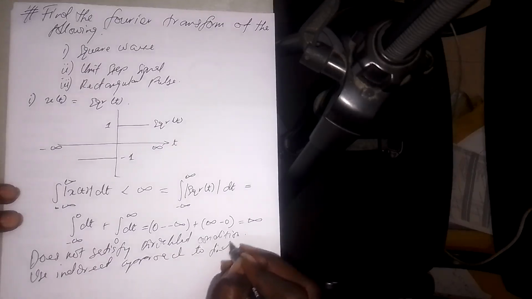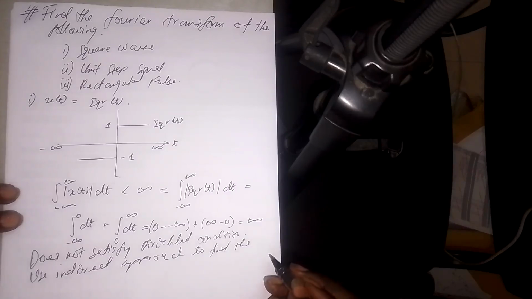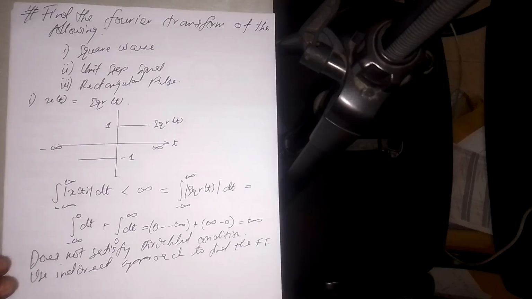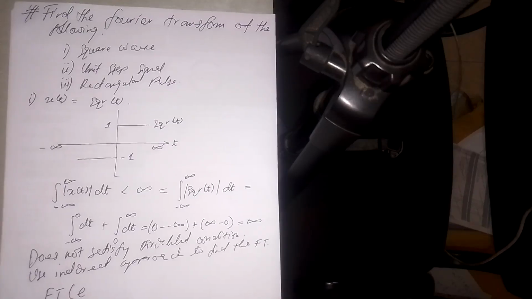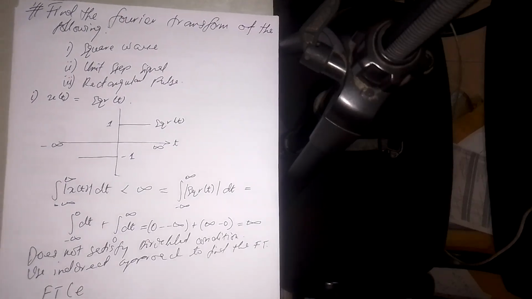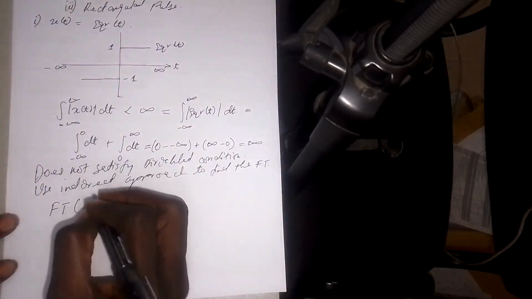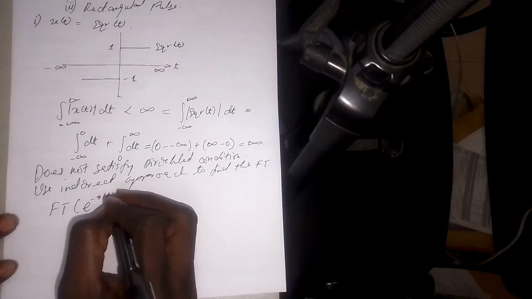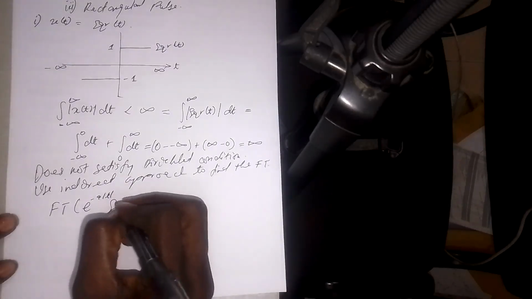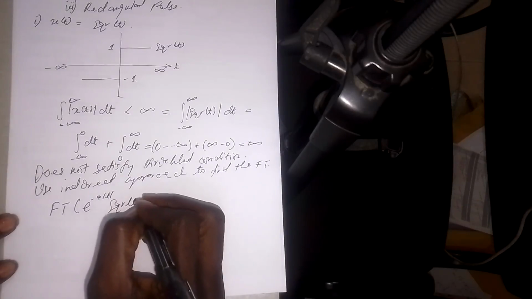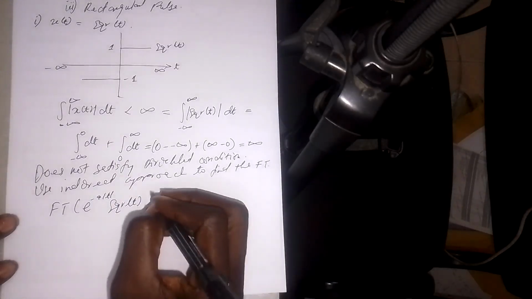To find the Fourier transform with the indirect approach, we will use e to the power of minus a mod t, multiplied by the square wave of t.